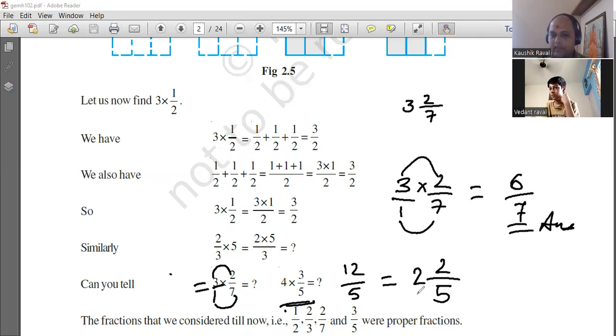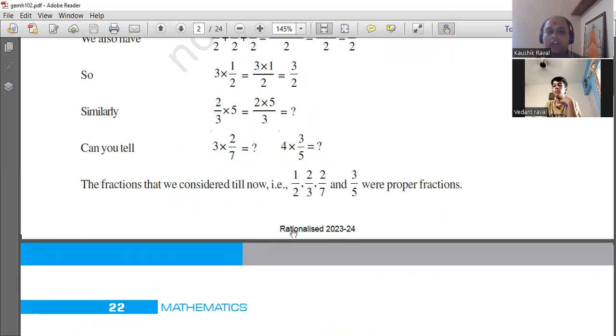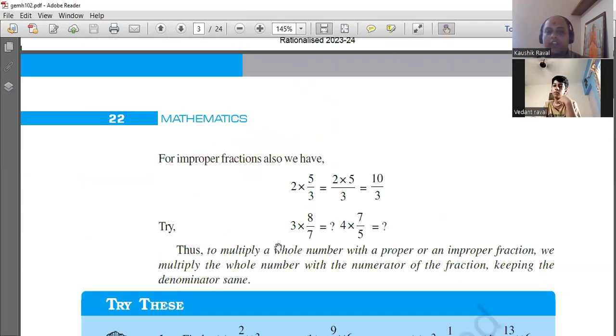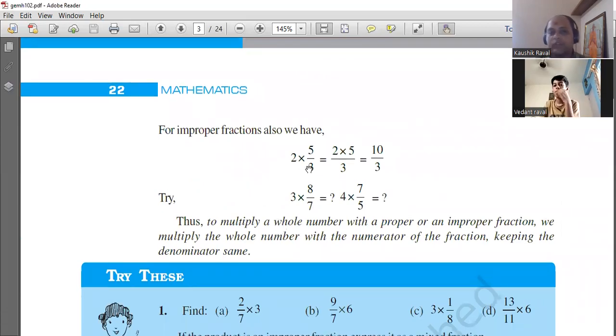All right then. Now, what do we do for improper fractions? For improper fractions, also we have done it before, right? So when you have multiplication of a fraction and an improper fraction, the ones here are easy.